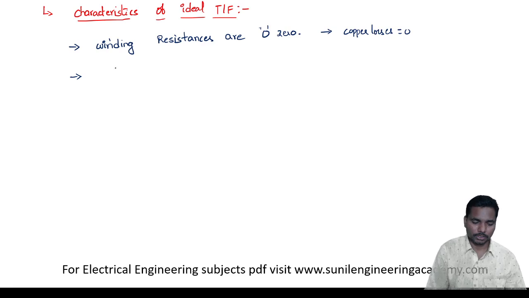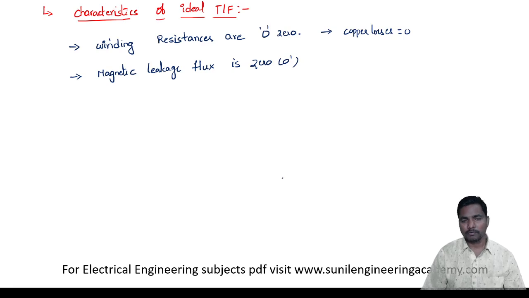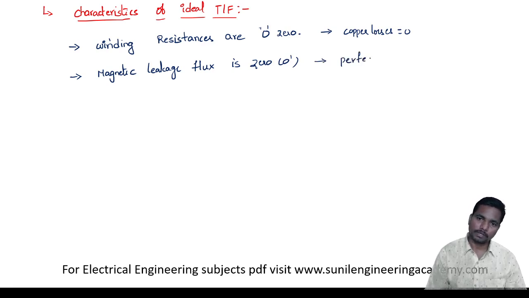And leakage flux must be zero. Magnetic leakage flux is zero whenever we have perfect magnetic coupling, that means K must be equal to 1.